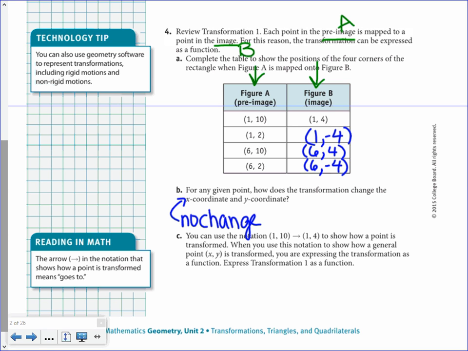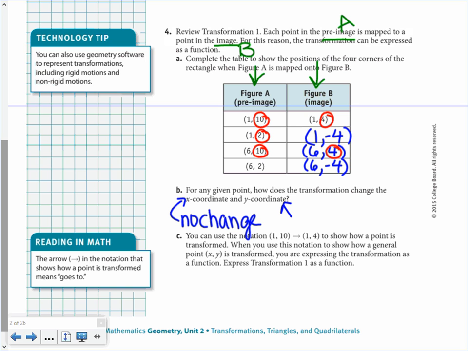For the y coordinate, this one may have been more difficult to see for some of you. The y coordinates were 10, 2, 10, 2. On the image, 4, -4, 4, -4. So, how did it go from 10 to 4? Again, we have another 10 to 4.